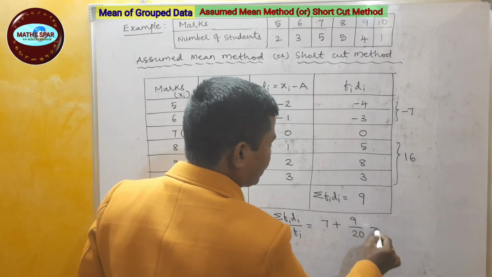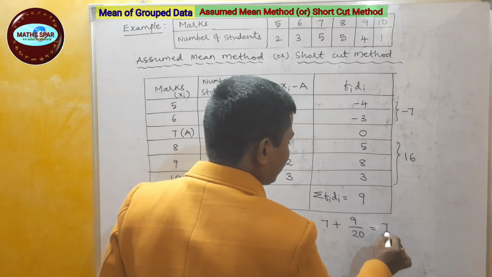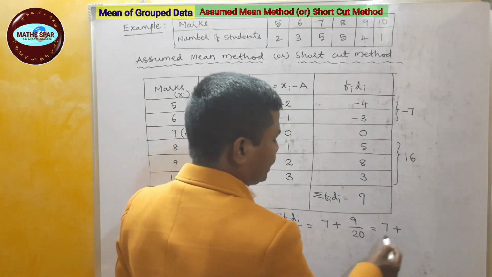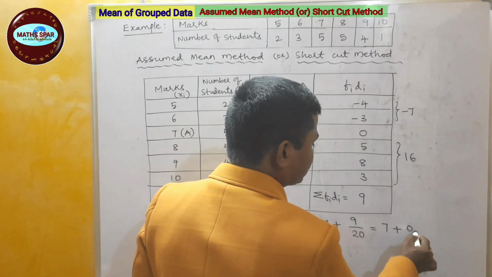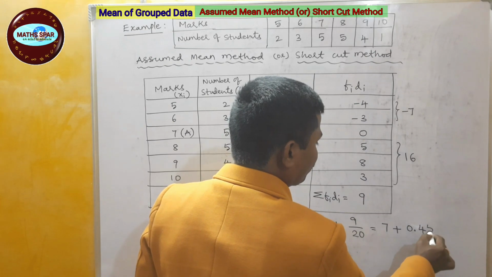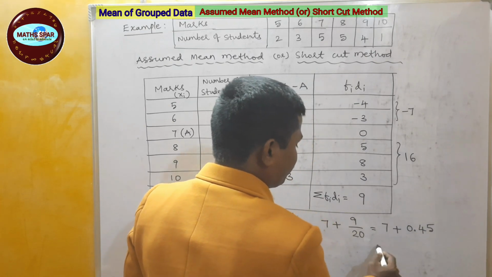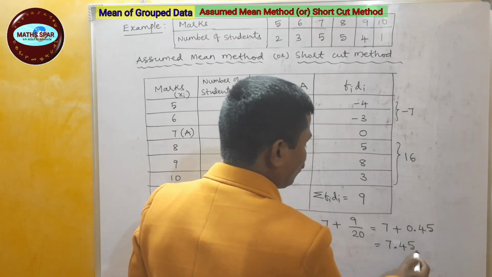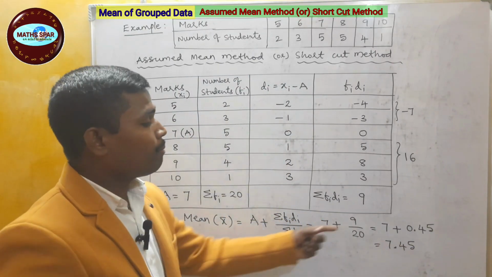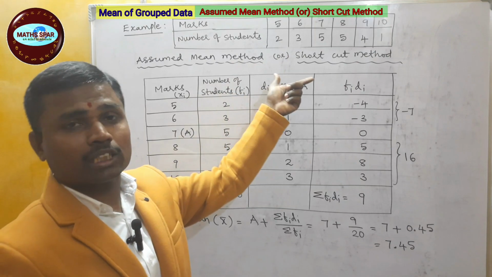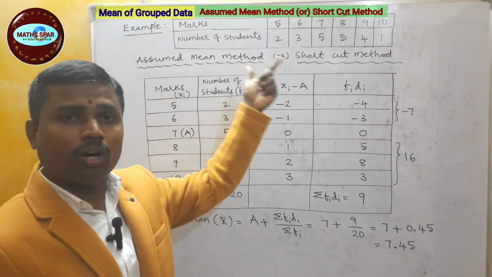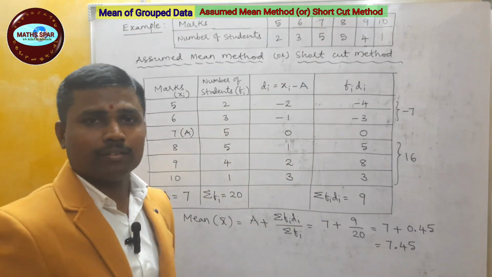So this can be rewritten as 7 plus 9 by 20, which can also be written as 0.45. So 7.45 is the final answer, which is the mean of the given distribution by assumed mean method or shortcut method.